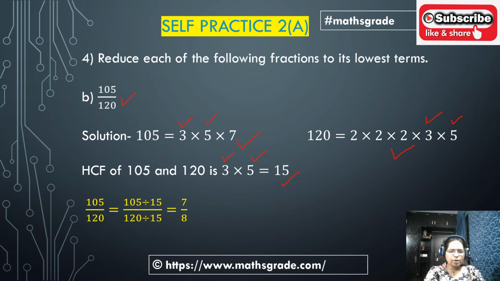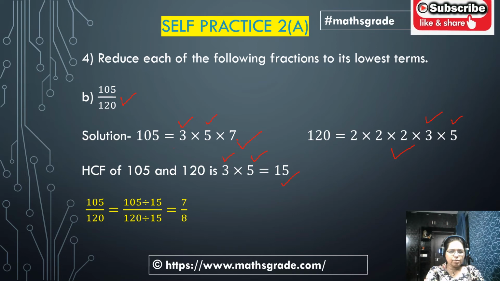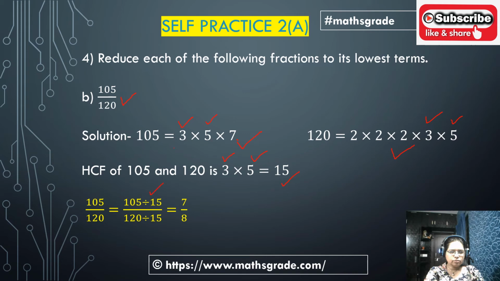So 105 divided by 120 equals 105 divided by 15 over 120 divided by 15. 105 divided by 15 is 7 and 120 divided by 15 is 8. So we get 105 divided by 120 equals 7 divided by 8.